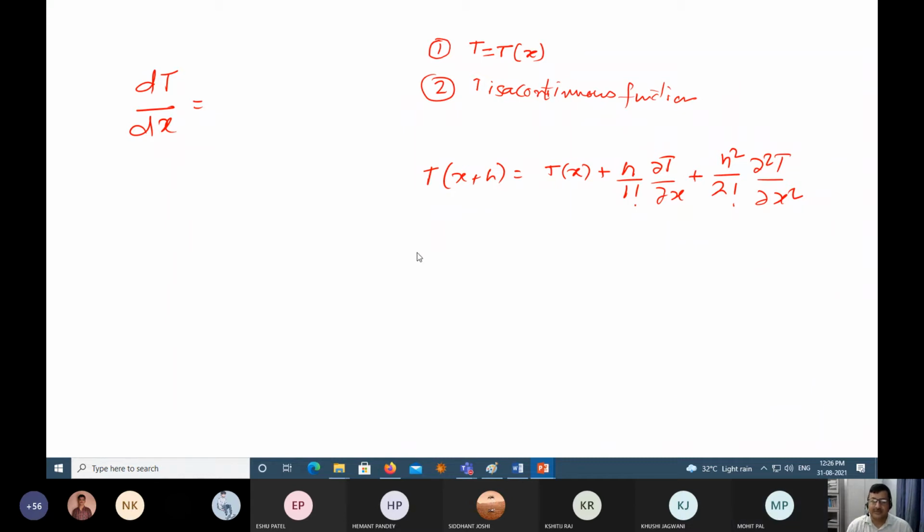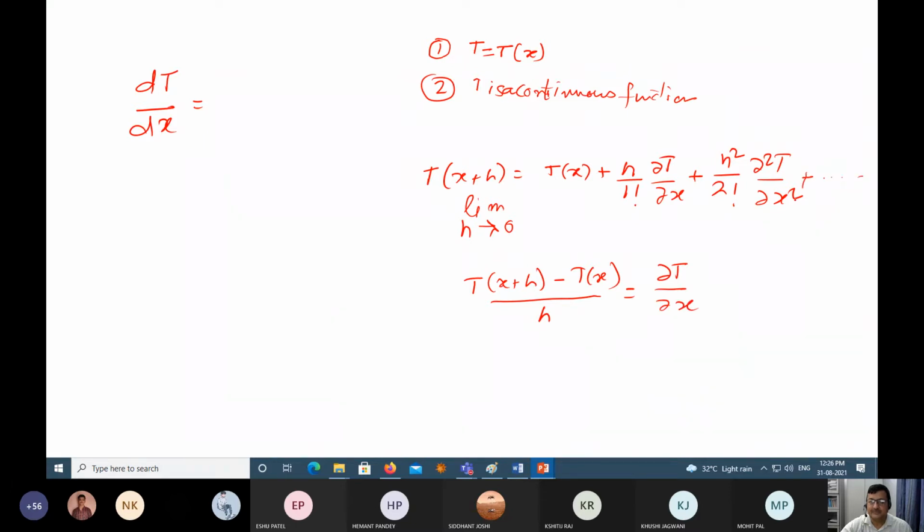What is the third assumption that I have? That is h tends to 0, so limit h tends to 0. Then T at x plus h minus T at x, divided by h, is equal to del T by del x, where I ignore all the higher order terms.